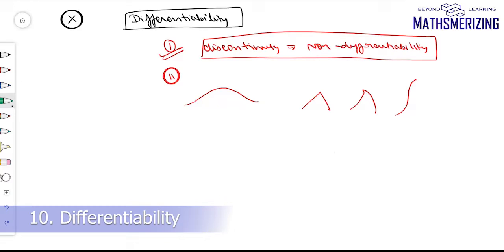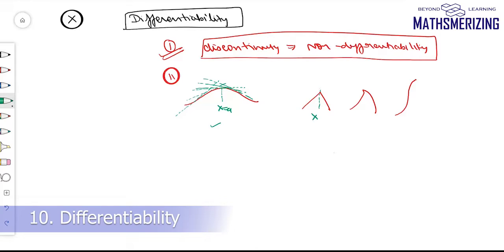At any point, say at x equals a, if I approach this function from the left hand side and draw a tangent, and then draw the tangent on the right hand side, if I get both the tangents the same, then I'll say the function is differentiable.